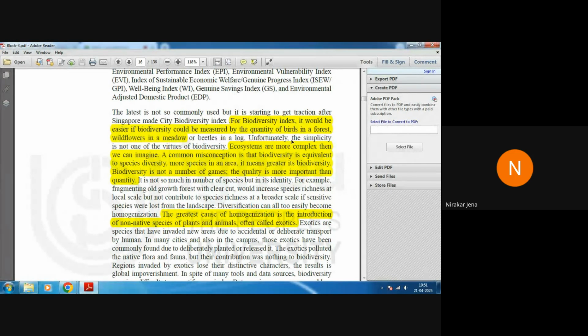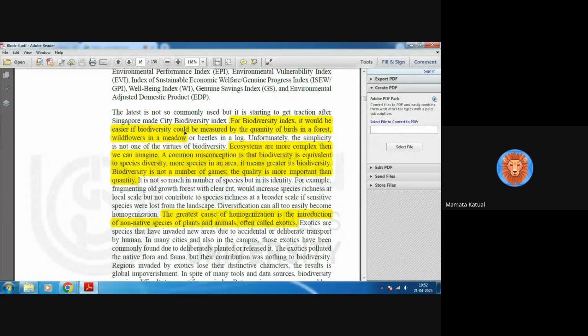So in Singapore, you can see here, an index was made and it is known as the city index, because Singapore is a city state. The whole city consists of a country. So the index was devised by Singapore. It is the city biodiversity index.